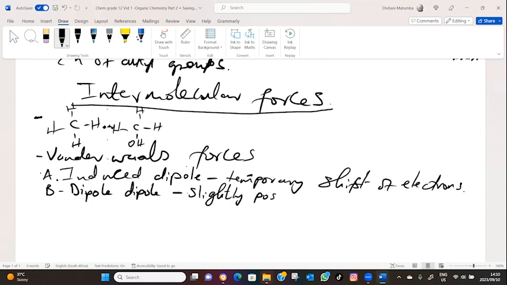So this may happen, let's say for instance, if you have two aldehydes, because the aldehydes have an oxygen ending.